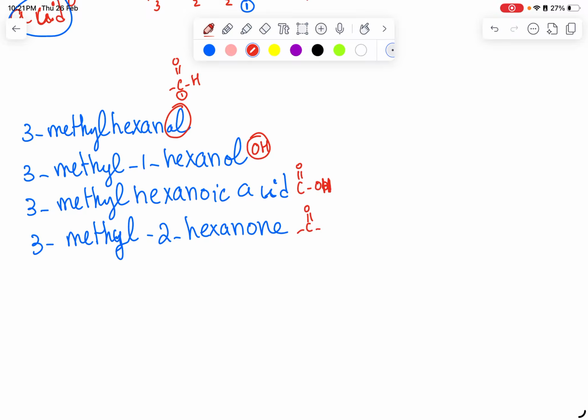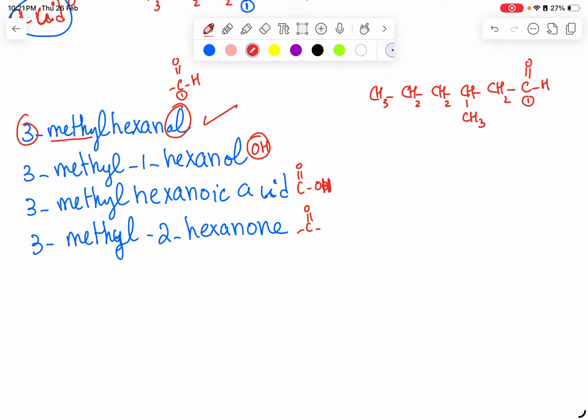So let's say hexanal, 6 carbons, 1, 2, 3, 4, 5, and 6. This is aldehyde, so definitely that's the first. I'm done with the first one. I have on the third a methyl, and you complete the rest with hydrogens.